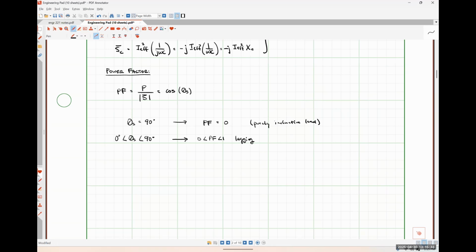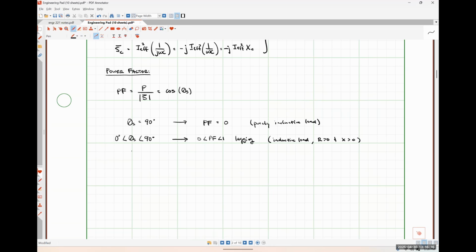It's because our current is lagging our voltage by an angle somewhere between 0 and 90 degrees. This is representative of an inductive load, not purely inductive, where R is greater than 0 and X is also greater than 0. So essentially, anytime our power factor angle is positive, but not exactly 90 degrees, we are going to consider that we have a lagging power factor.